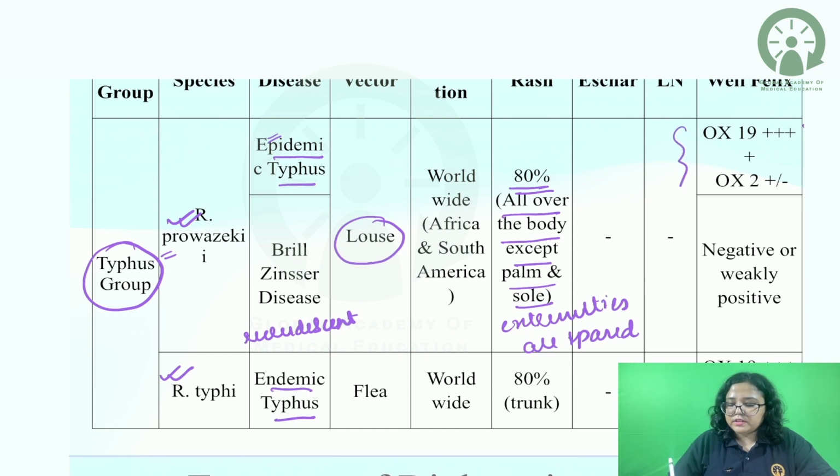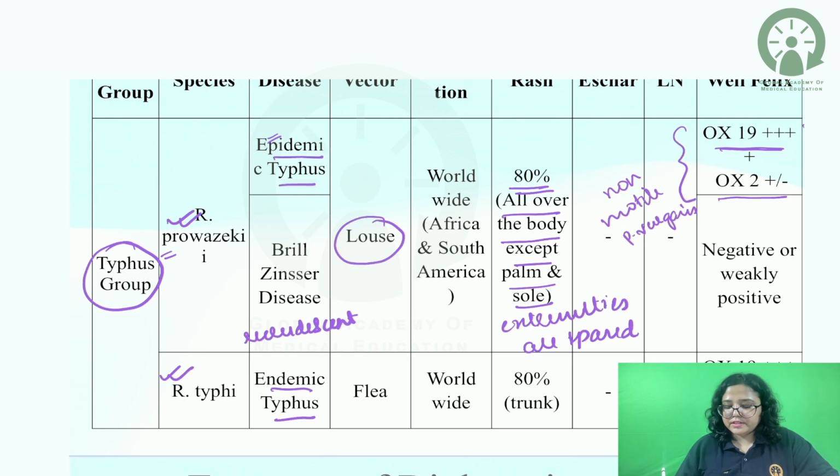OX19 and OX2 are from the non-motile strains of Proteus vulgaris. This is the antigen, and we add the patient's serum in dilution, and it is a tube agglutination where we see that the OX19 is strongly agglutinated and OX2 may be plus minus. This is in case of epidemic typhus.